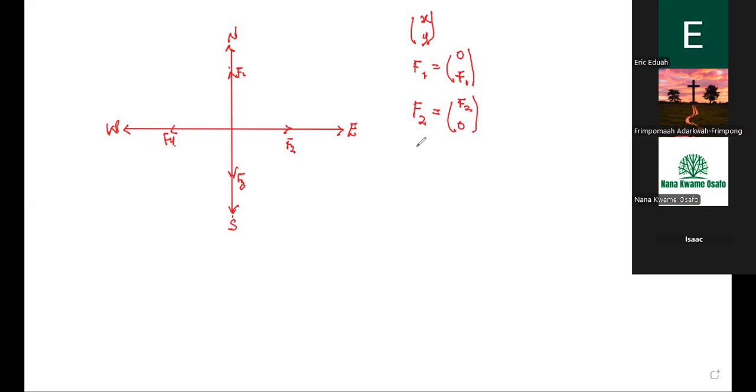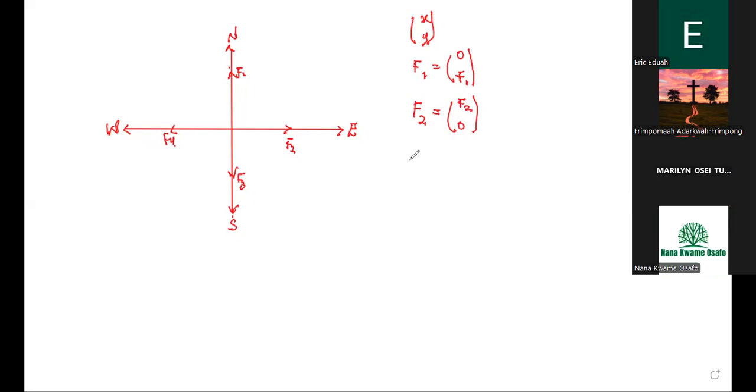Please, are we following? Yes, please. Okay. F3, on the other hand, is also along the vertical. It will have no horizontal component, but a negative vertical component. Negative because this is lying along the negative axis. Conventionally, the south axis is considered to be negative.